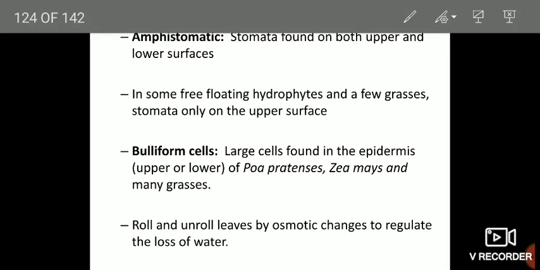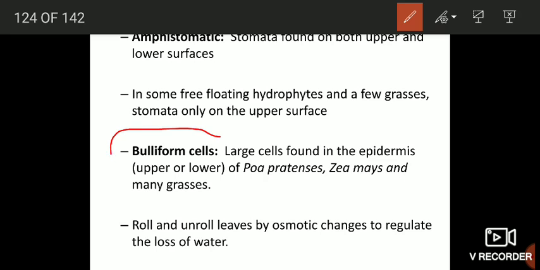Now the bulliform cells, this is the characteristic feature of many grasses. These are large cells found in the epidermis of Poa pratensis, Zea mays, and many grasses. The function of these bulliform cells is they help in the rolling and unrolling of leaves depending upon the moisture content in the atmosphere.